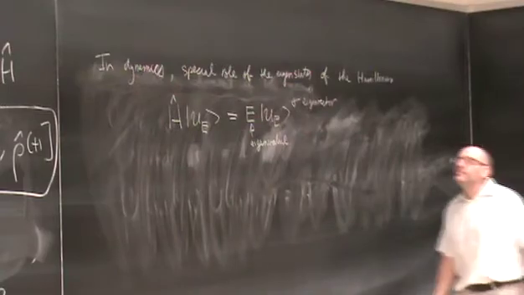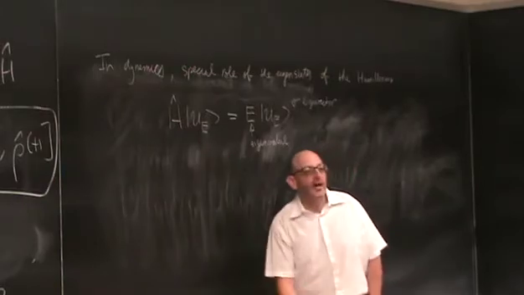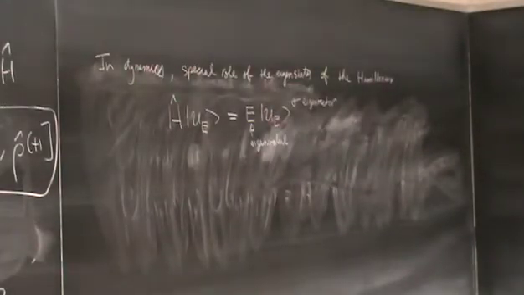We know they're real numbers because this is a Hermitian operator, and the eigenvalues of any Hermitian operator are real.